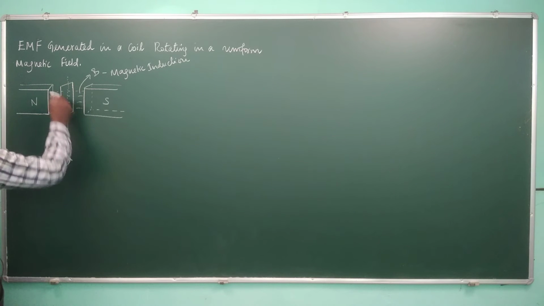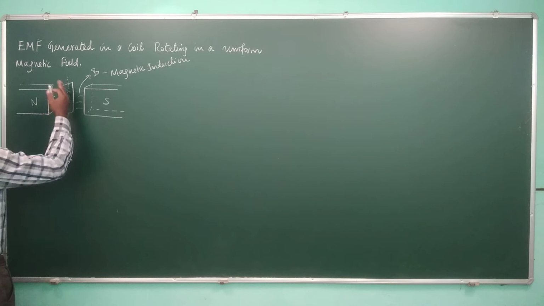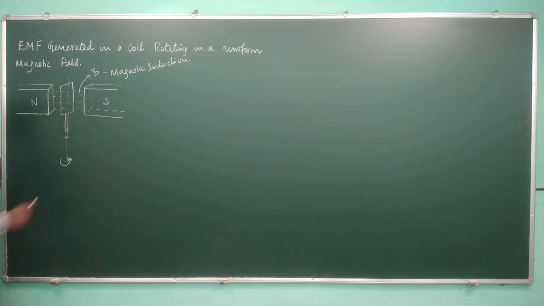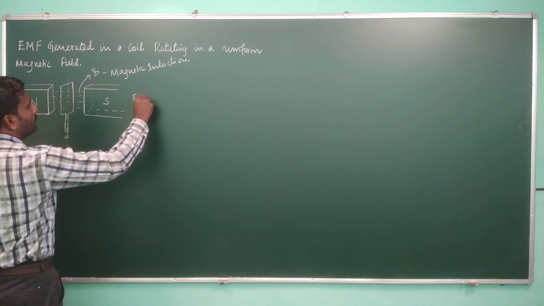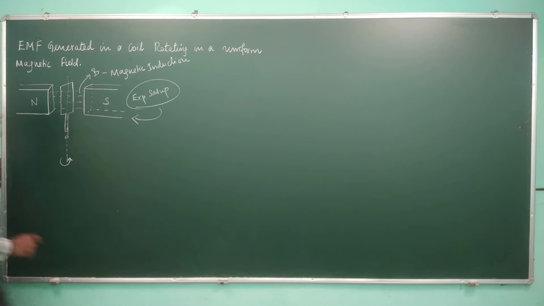The arrangement is made so that the conducting coil can rotate about an axis perpendicular to the direction of the magnetic field. So this is the experimental setup that we are considering.